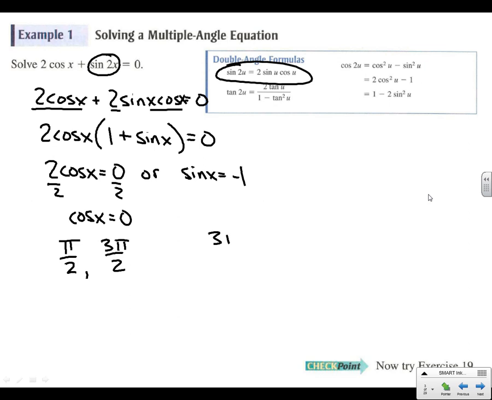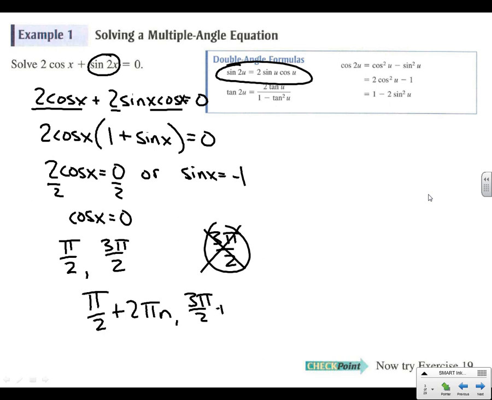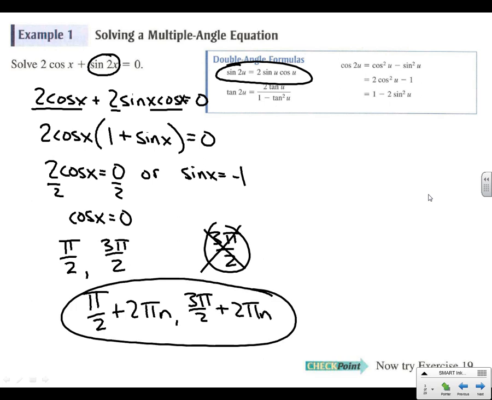That's at 3 pi over 2. So our solution on this one is, obviously this is a repeat, so we don't need to say it twice. But we do need to say every possible combination. So pi over 2 plus 2 pi n, 3 pi over 2 plus 2 pi n. Those are our solutions. Your turn.